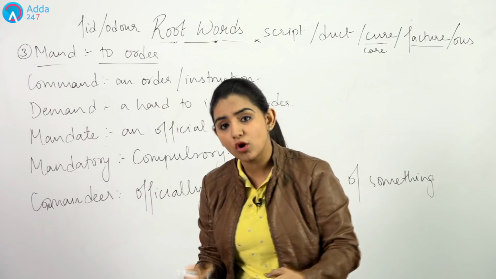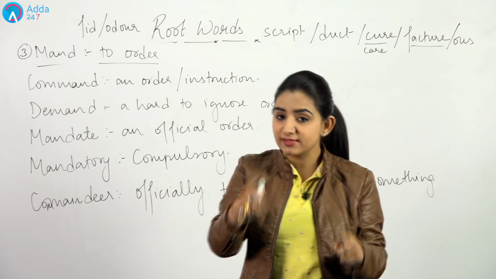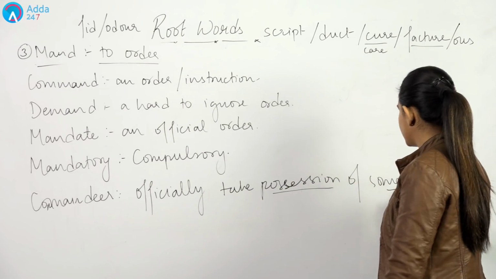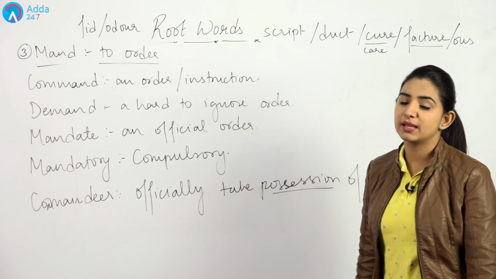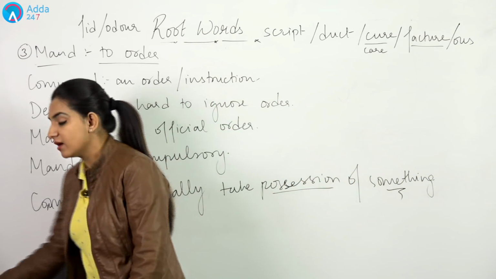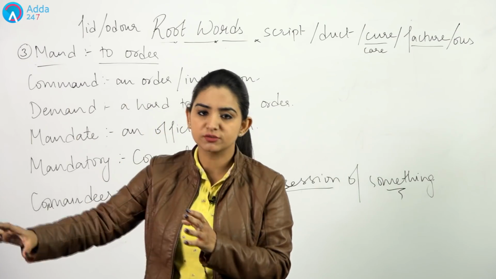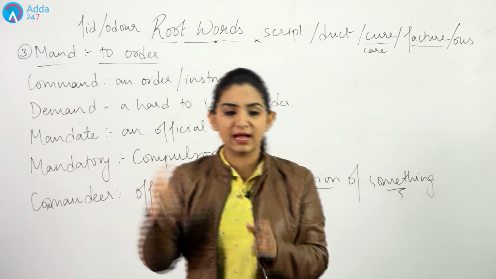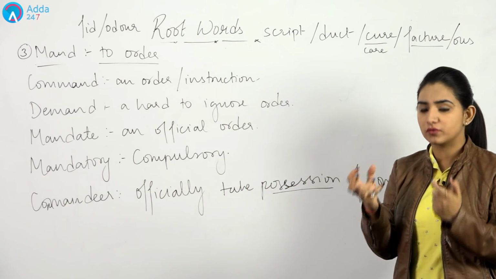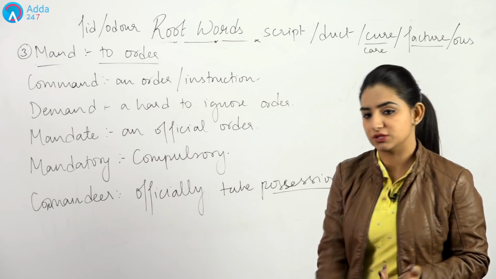But now you have bought it, and if you get that registered in your name, you have taken the possession of that car, and that is what we mean by commandeer. Generally, this word is used in military terms, where a person takes the responsibility of one person, and that is where we call it commandeer, taking the possession of the responsibilities by some other person, right?